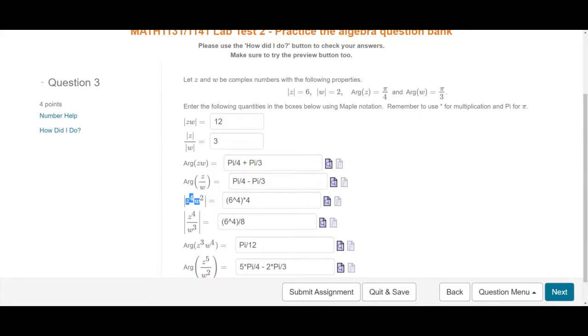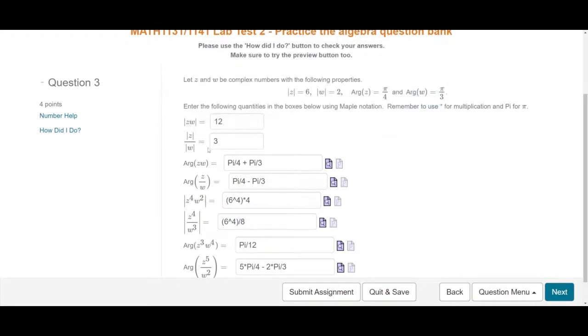Okay, what about the modulus of Z to the power 4 times W to the power 2? Well, that's just the modulus of Z to the power 4 times the modulus of W squared. Okay, so that's what I've done here.